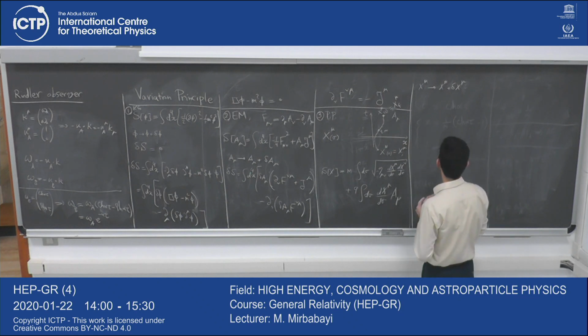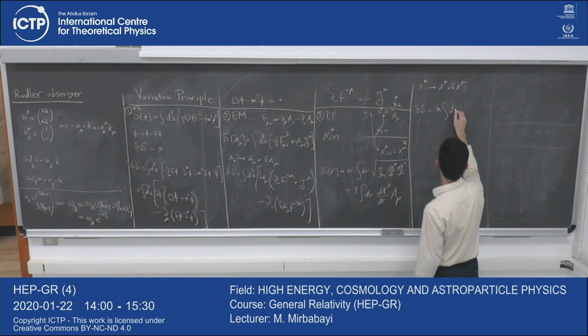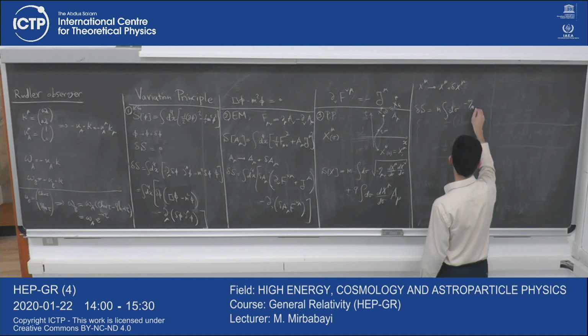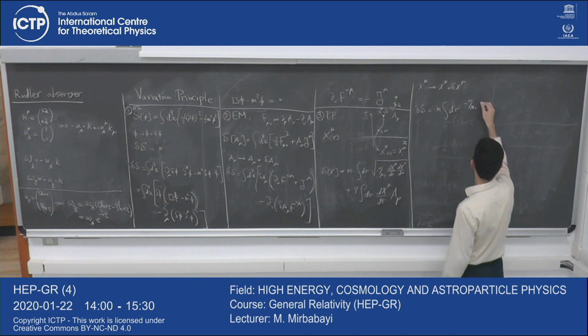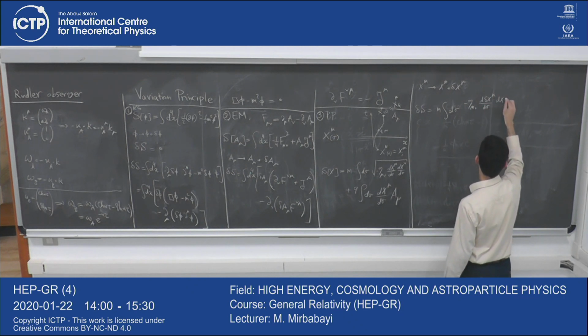change the boundary values. And so then the variation of this action is going to be given by m integral dσ minus η_μν d(δx^μ)/dσ dx^ν/dσ.